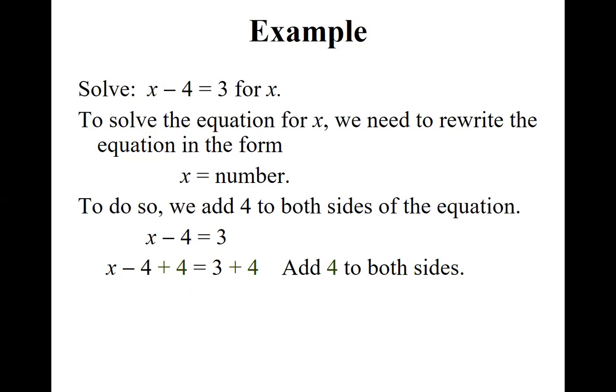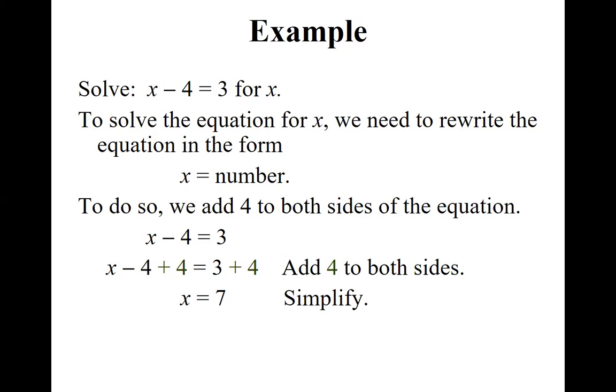Just like an old-fashioned scale that you see justices blind holding outside of a courthouse, the two sides need to stay in balance. If we add 4 to one side, we have to add 4 to the other side. The minus 4 plus 4 on the left cancel each other out, leaving us with just x. And then on the right, 3 plus 4 gives us 7.